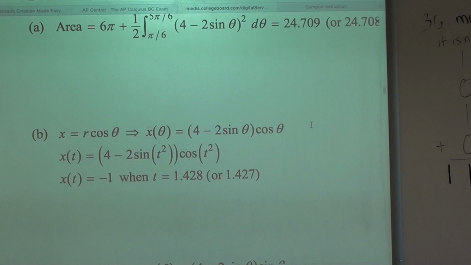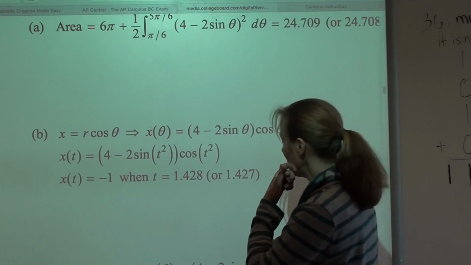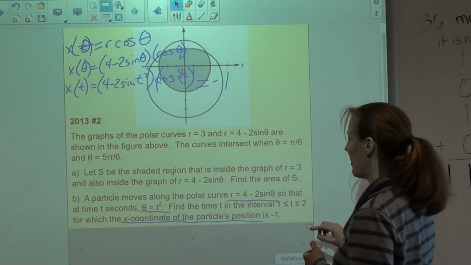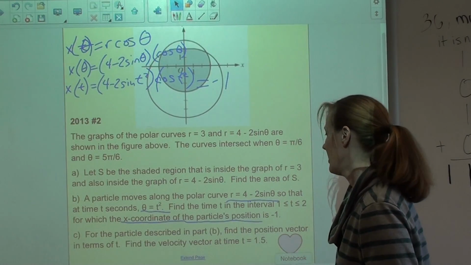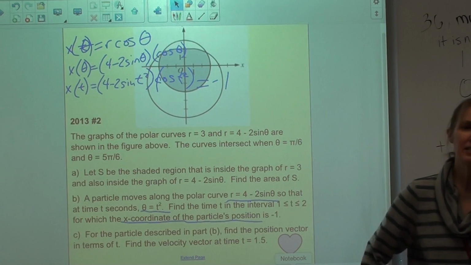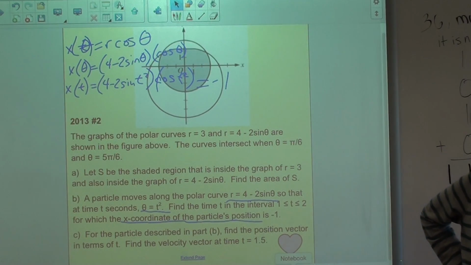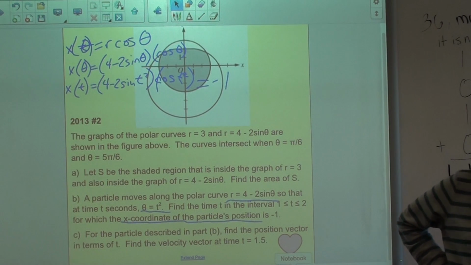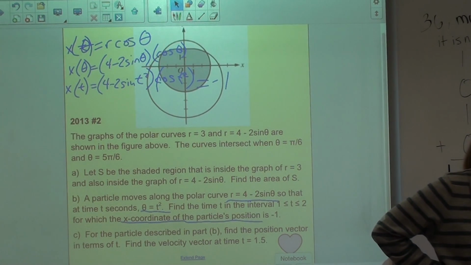Okay, check your answer. How'd you do? Excellent. Any questions on solving? All right, last little part on this problem. Part C. For the particle described in part B, find the position vector in terms of t.